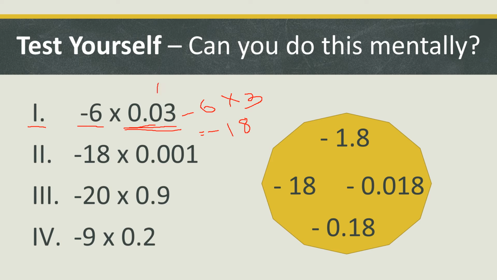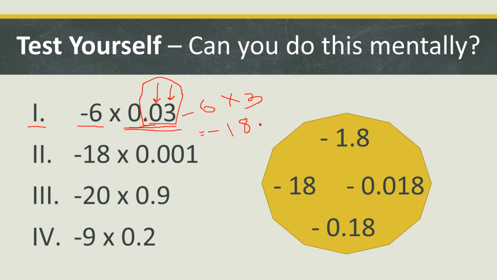So there were 2 digits after the decimal point, which was 0 and 3. So it doesn't matter what number was after the decimal point. How many digits were after the decimal point is what matters. So there were 2 digits after the decimal point. So there must be 2 digits after the decimal point in the answer as well.